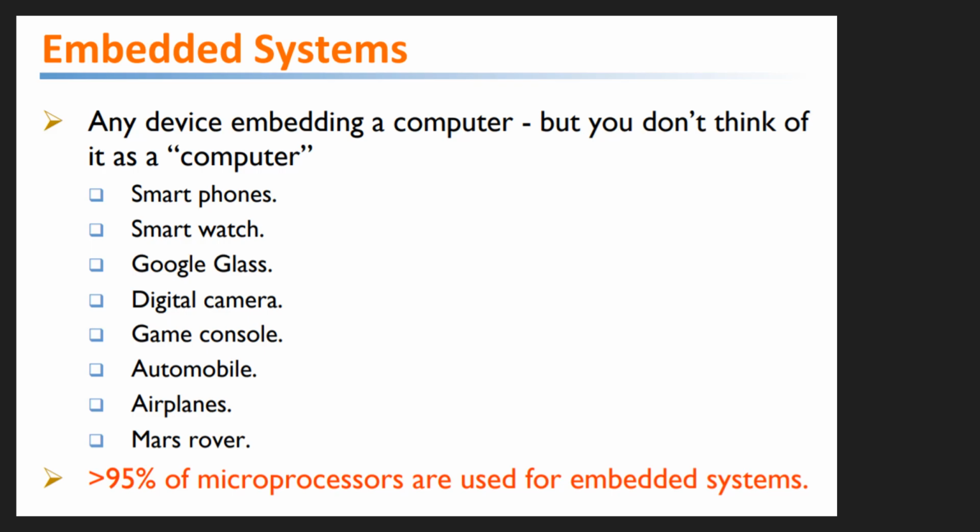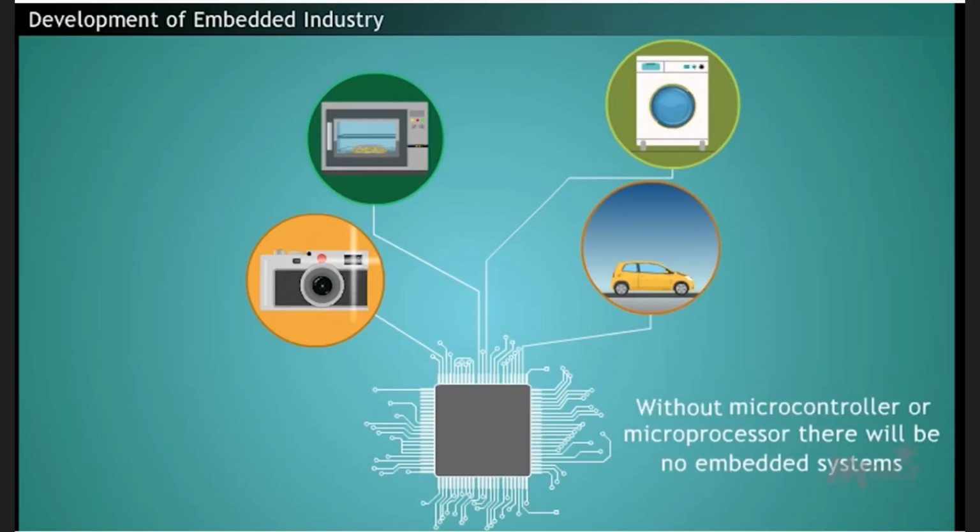As I already told, these are some examples of embedded systems: microwave oven, washing machine, and car. The entire car is not an embedded system, but some of the functions in the car are intended to be embedded systems.